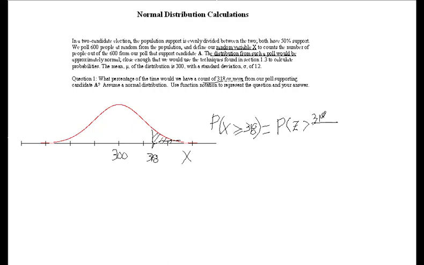Here's my value 318, but to standardize it to a z-score, I need to subtract from it its mean, which is 300, and then divide by its standard deviation.